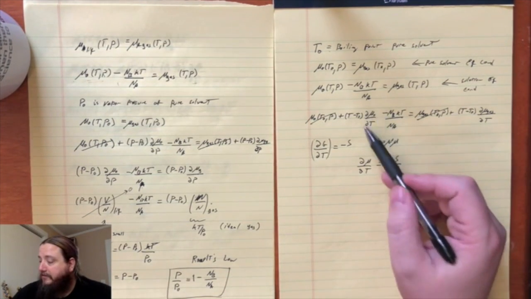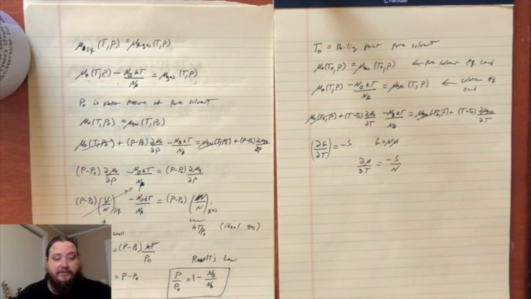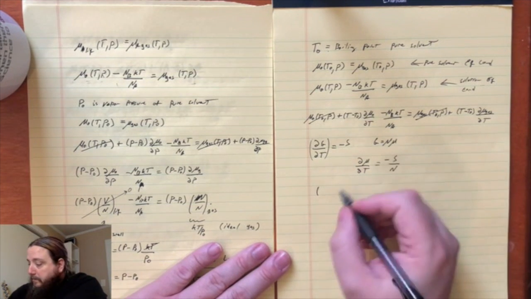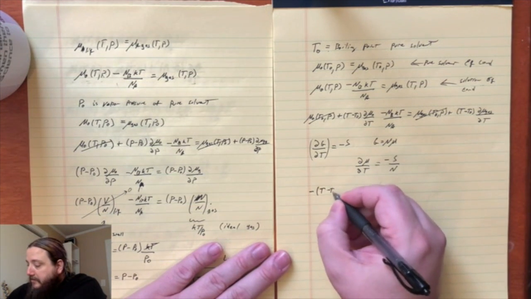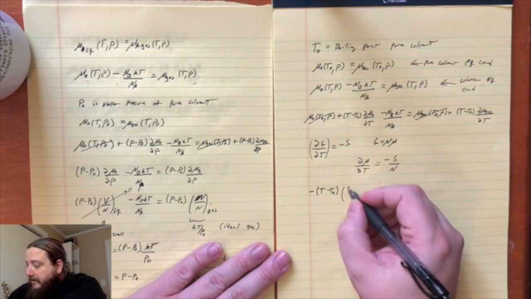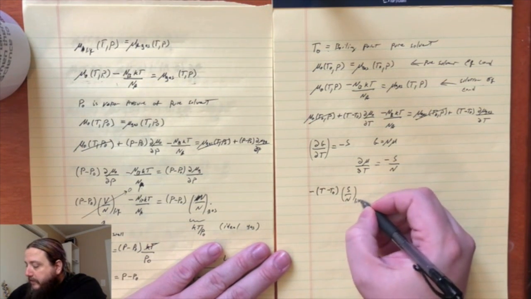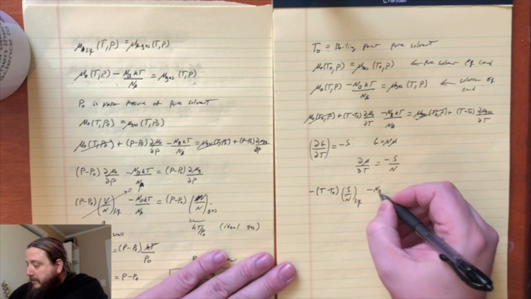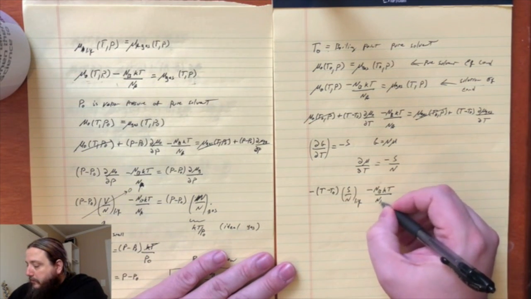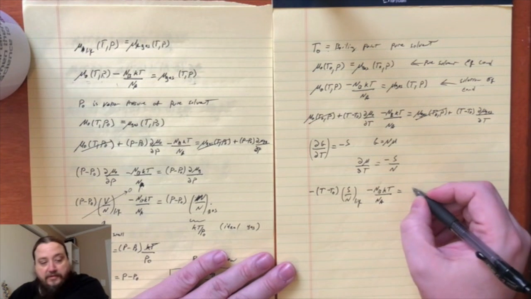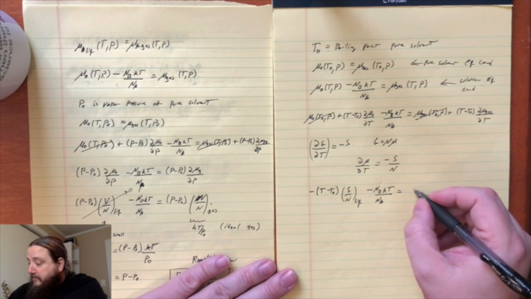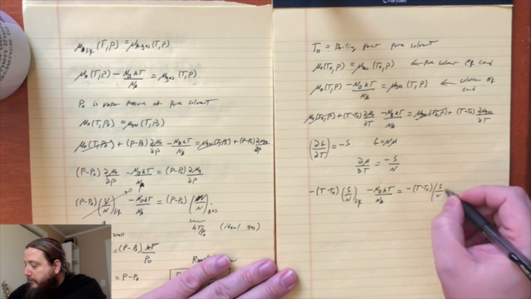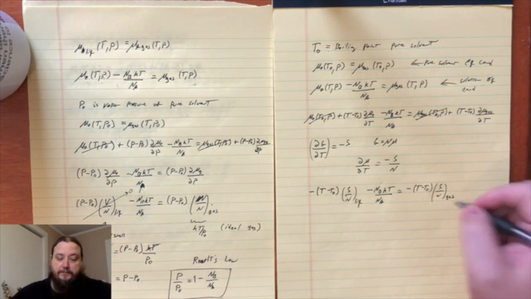So again, we can replace each of those derivatives with minus entropy over N. So this is going to give us minus (T minus T naught) times entropy over N in the liquid phase, minus N_B kT over N_A, is minus (T minus T naught) times entropy per particle in the gas phase.